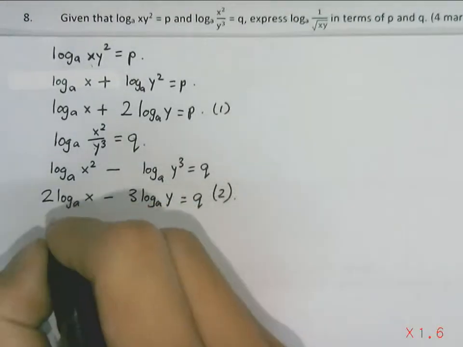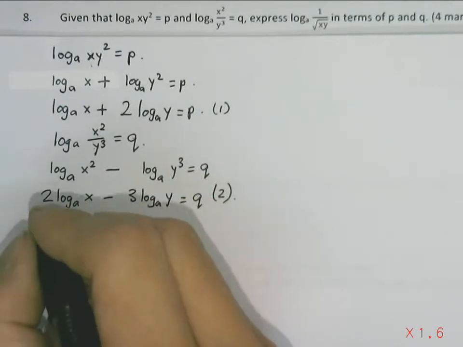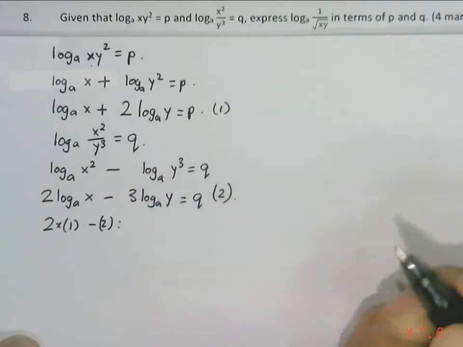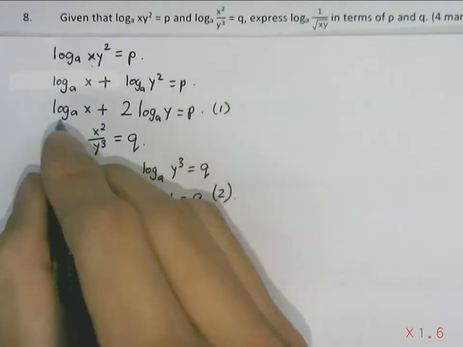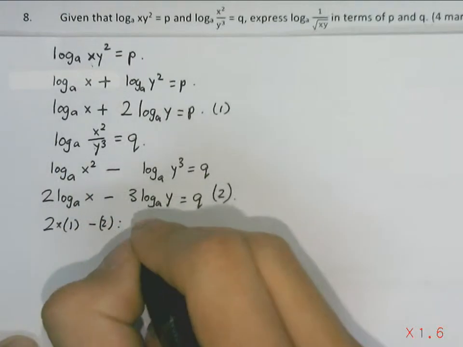So let's use 2 times of equation 1 to subtract equation 2. 2 times of equation 1 would mean this one multiplied by 2, right? Both left and right side of the equation.